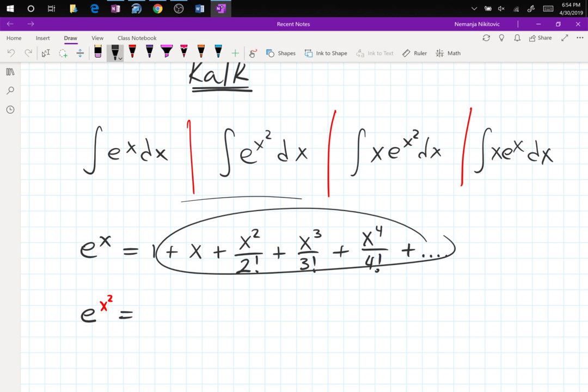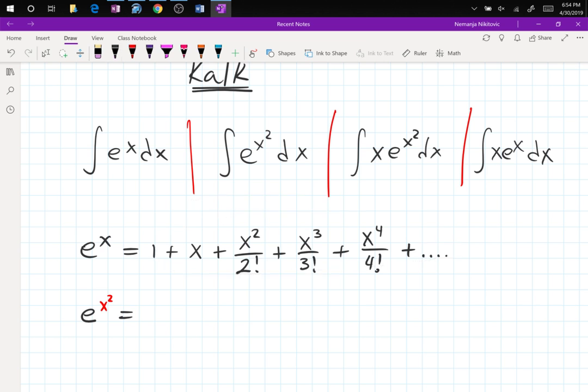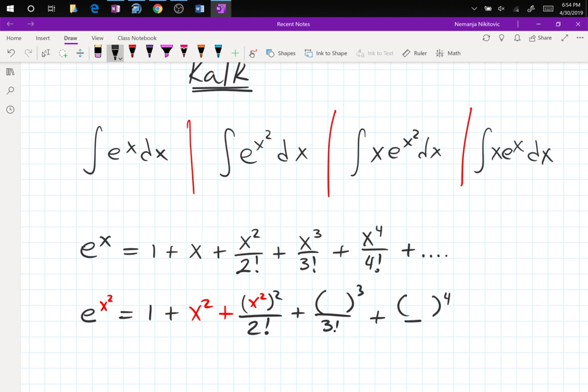So now I have 1 plus x squared plus x squared squared over 2 factorial plus x squared cubed plus the 4 and plus dot dot dot, and each one of these has the little x squared inside.